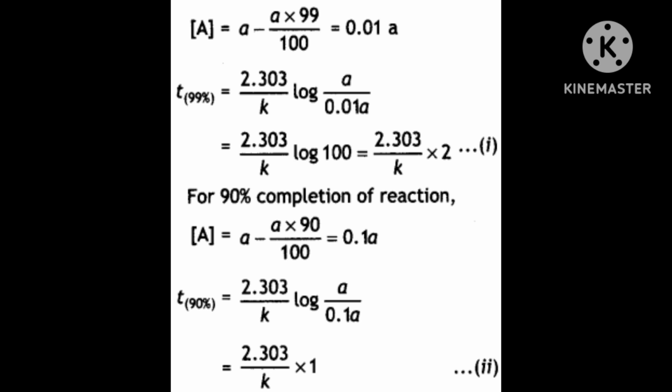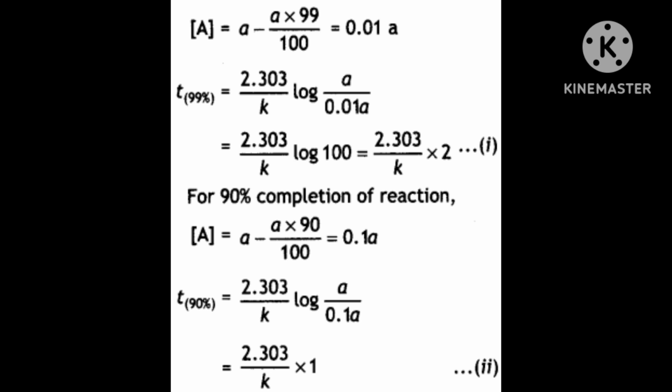After time t, Pi minus X is the partial pressure of A. Now you put in the value of X, already calculated. X is equal to PT minus Pi. That value you put here.